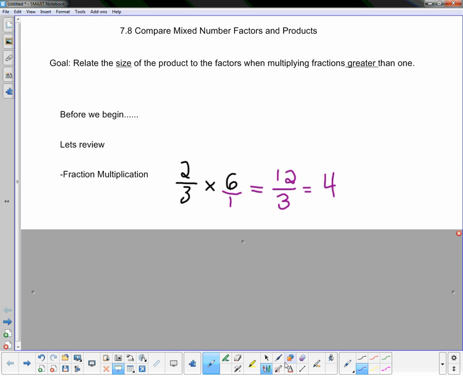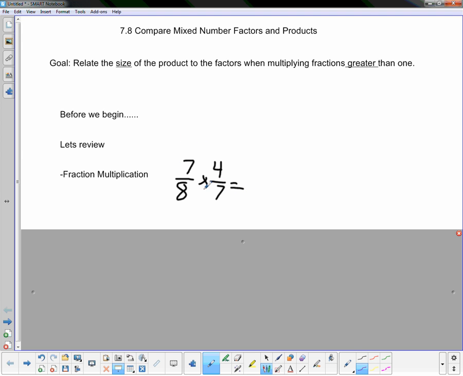Let's review another one. Let's do 2 fractions. We'll do 7/8 times 4/7. This is really easy.